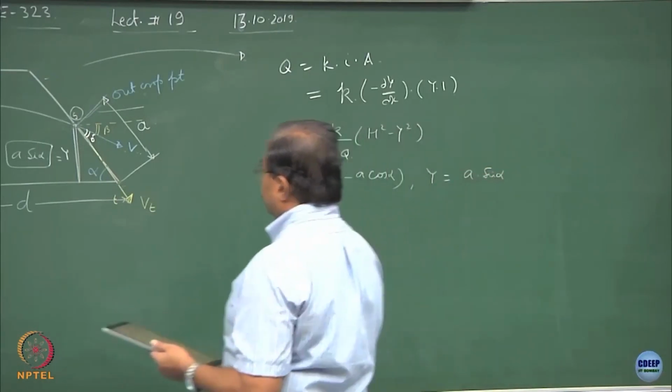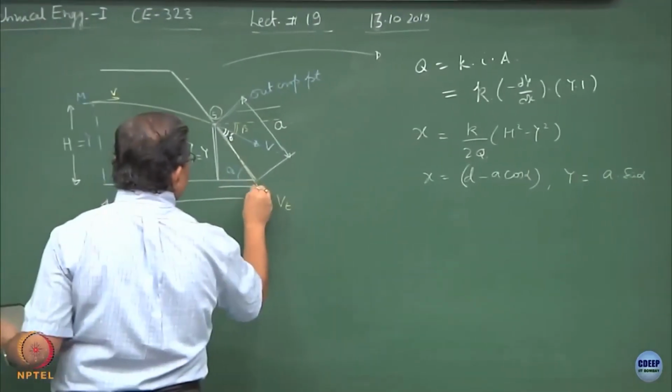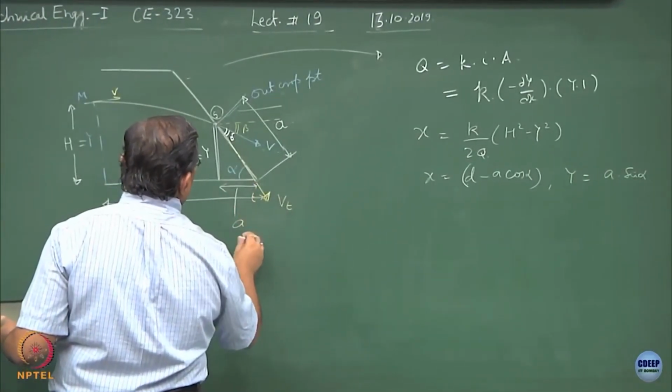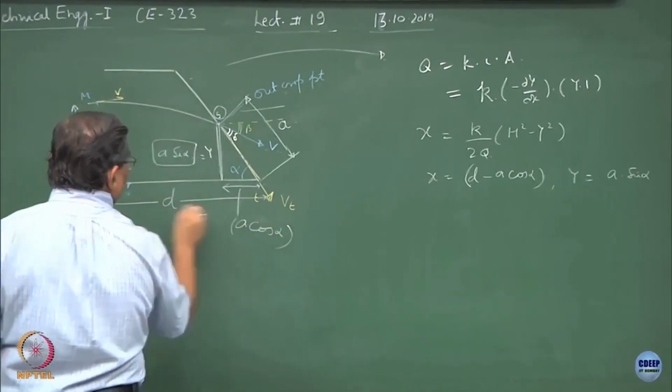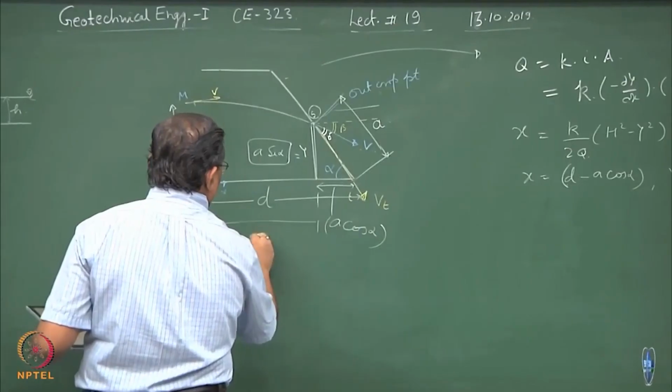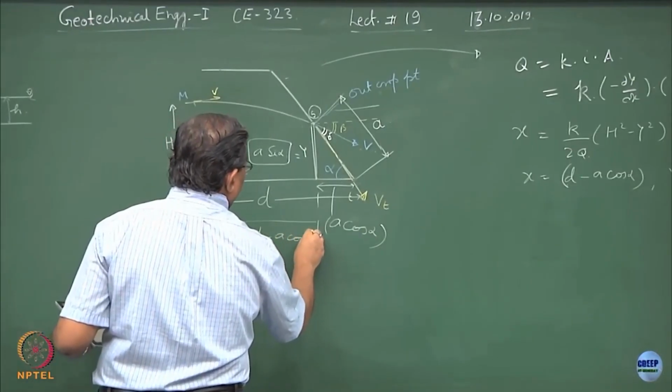Is this okay? So, this much is A cos alpha. So, this distance would be D minus A cos alpha.